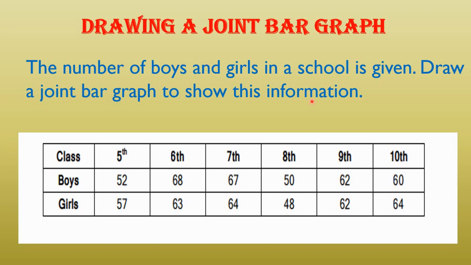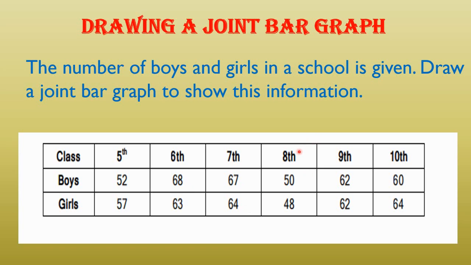So here you can see class 5th, 6th, 7th, 8th, 9th, 10th, boys and girls are given. So in 5th standard 42 boys and 57 girls are there. In 6th standard 68 boys and 63 girls. In 7th standard 67 boys and 64 girls are there.